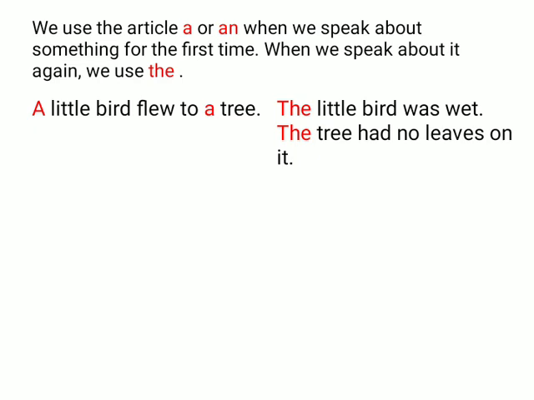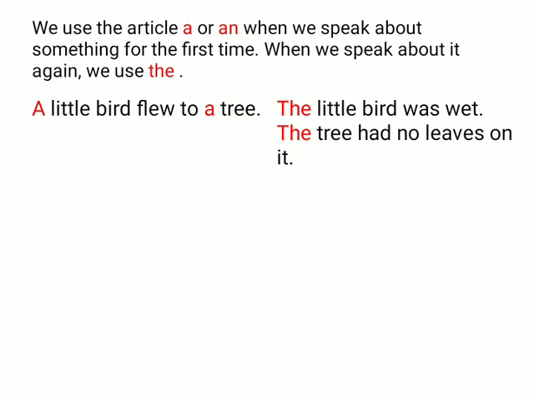I would like to show you some examples. Just see example number 1. A little bird flew to a tree. Now, in this example 1, we have used the article a when we speak about something for the first time. See the second example now.